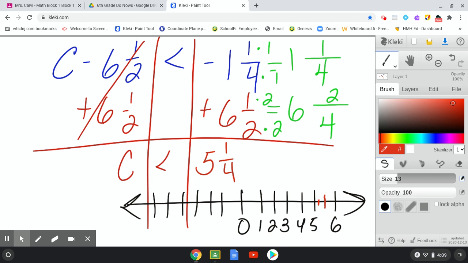All right. So first step, variables on the left. I don't need to change it. Second step, open or closed circle. It's going to be an open circle at 5 1/4. So that's going to go right here. Follow my inequality symbol. It's going left, so my arrow is going left. Okay. And I told you you need to put the 5 1/4, just so I know that your open circle is at 5 1/4. Okay. That is all for today, and I will talk to you soon.